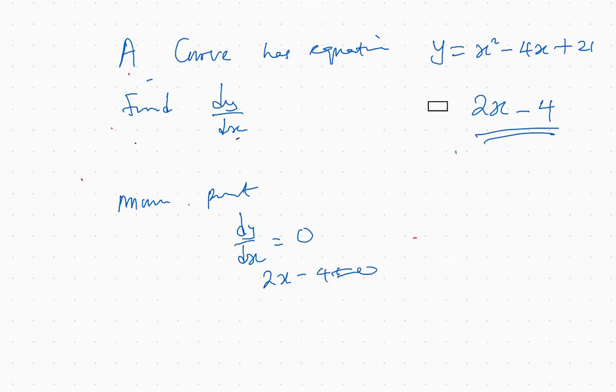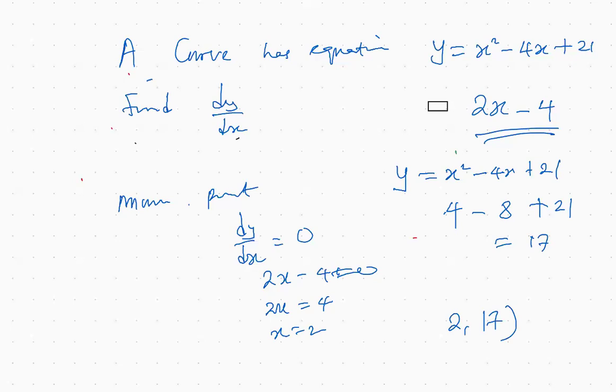So if x equals 2, what's going to be y? y is x squared minus 4x plus 21. 2 squared is 4, 4 times 2 is 8, plus 21. Everything gives you 17. So it's (2, 17). That's the answer, and that's the minimum point.